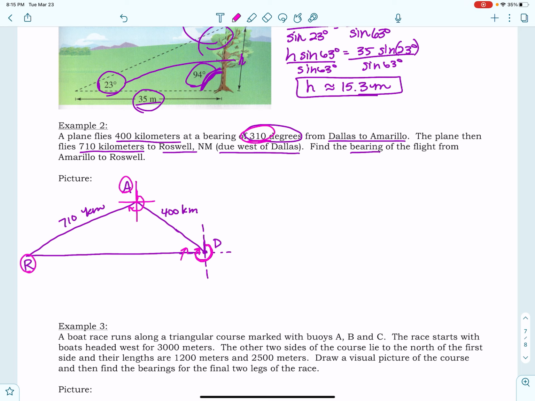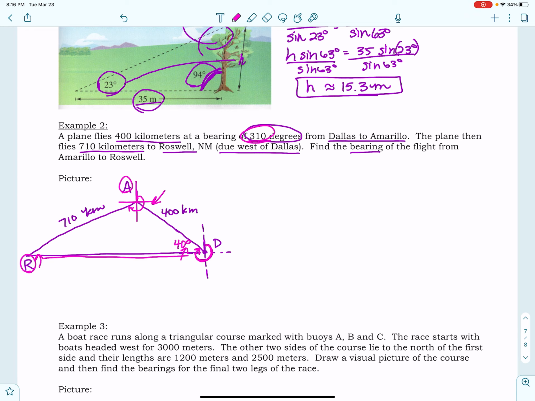So if I go up to 310, that means I've gone up another 40 degrees. So I know that this angle is 40 degrees right here. And that means that I have a situation that allows me to find angle R right here. We can't find this angle up here yet because we don't have this distance.